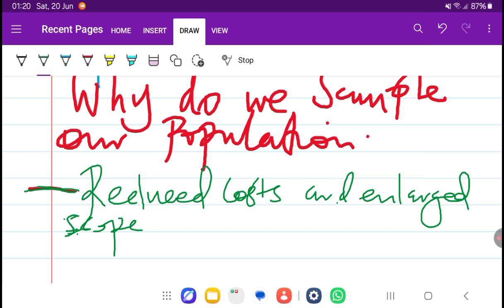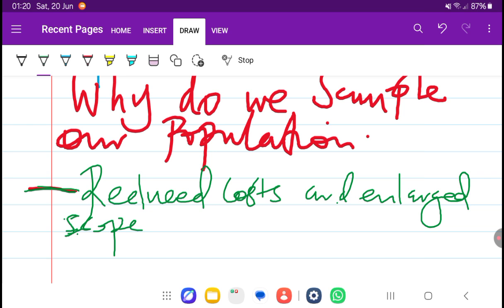So what we are basically trying to look at here is that the moment you reduce the number of people you are going to interview, the number of items you are going to study, the lesser time you will take, and the lesser money will be paid.